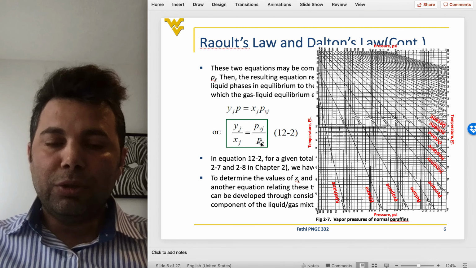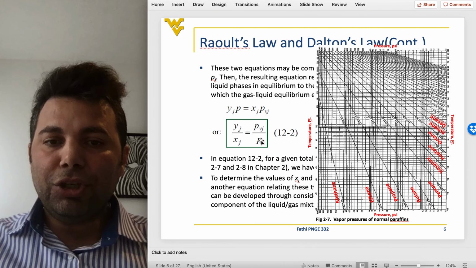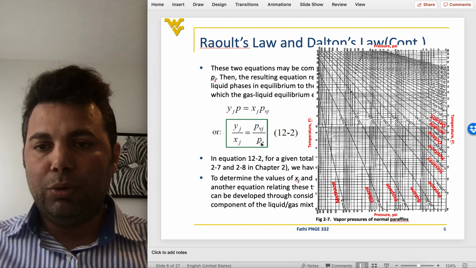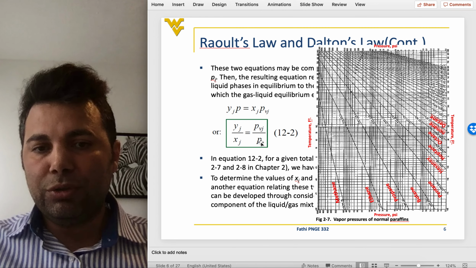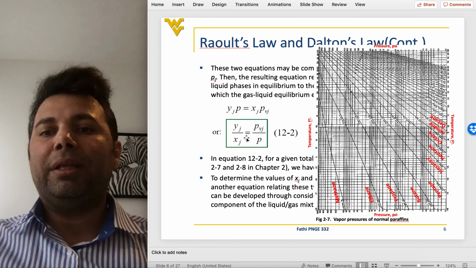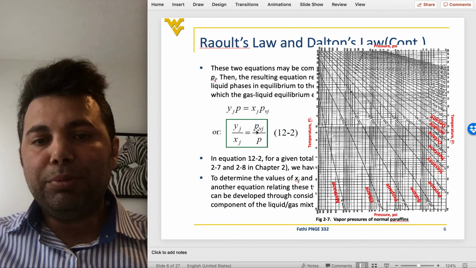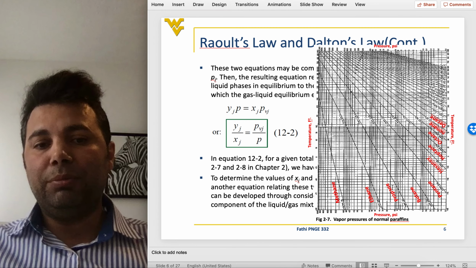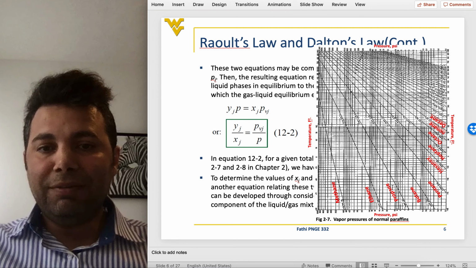In this case, the total pressure we usually know. We measure the total pressure of the mixture, or the components and compositions at a specific pressure. So the total pressure is given. For every single component, the vapor pressure can be obtained from the Cox chart. If you remember, in chapter 2, we did have a Cox chart.